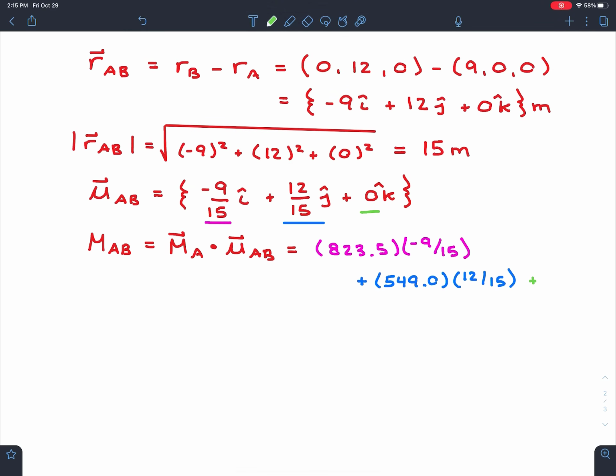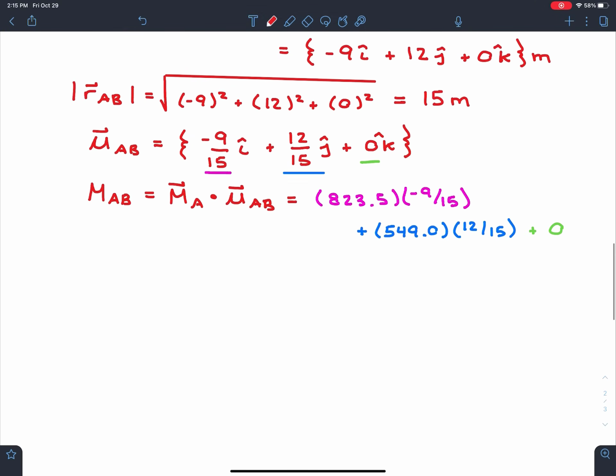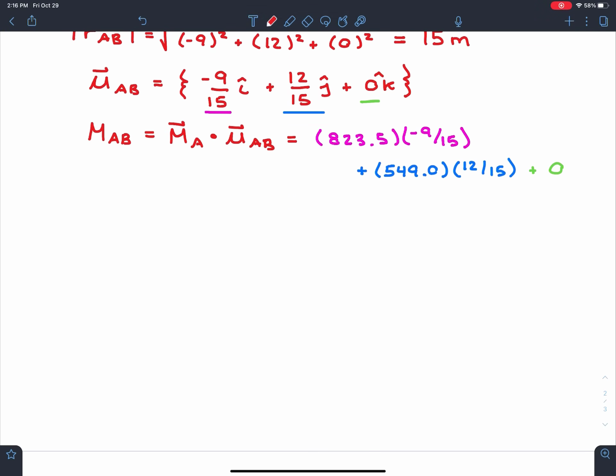So technically we have plus 0. Once you do all the math, because again, we're not really getting a vector, you will find that the moment about AB is going to be equal to negative 54.9 kilonewton meters.